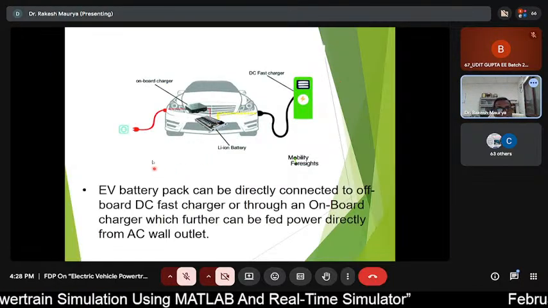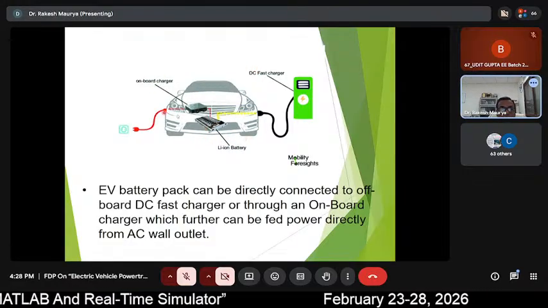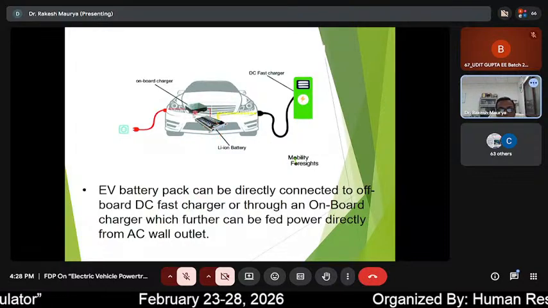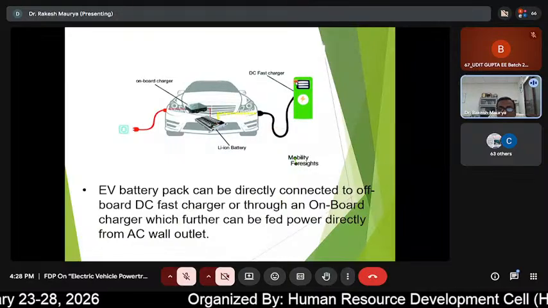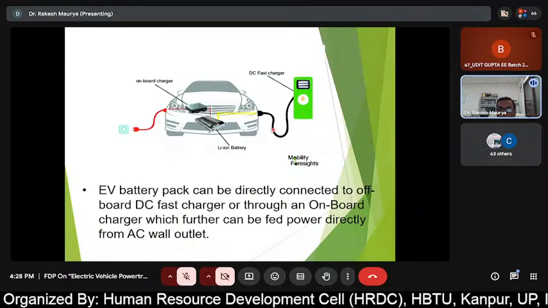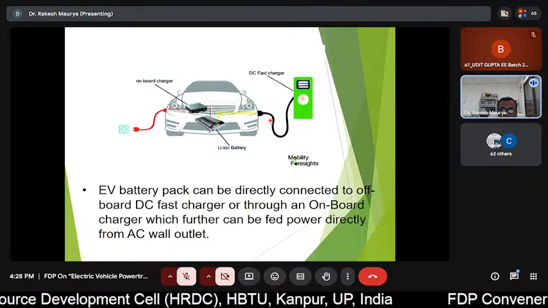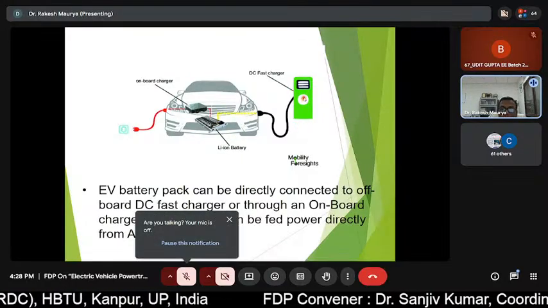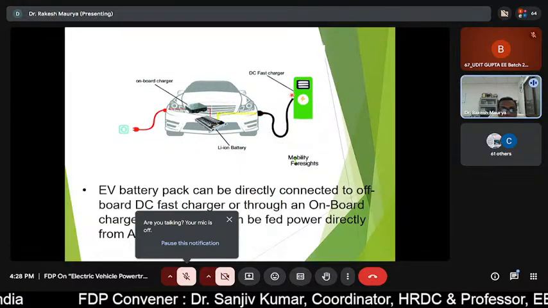So here we have a provision. The lithium-ion battery bank can be plugged in directly to a fast charging station, like a fuel station. If you are going to the market and want to charge your vehicle at a petrol fill station, you can use the DC fast charger and plug into this socket.